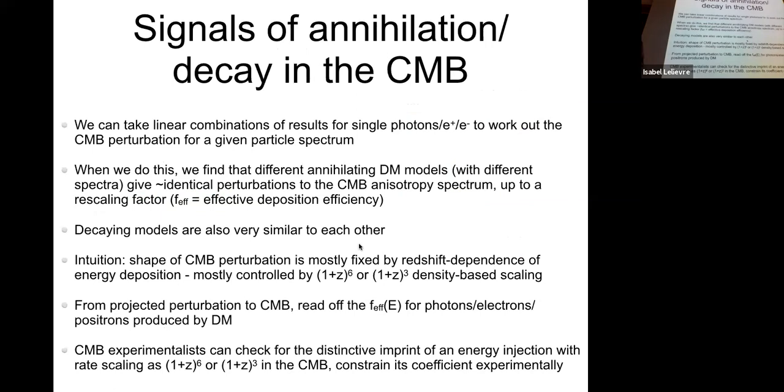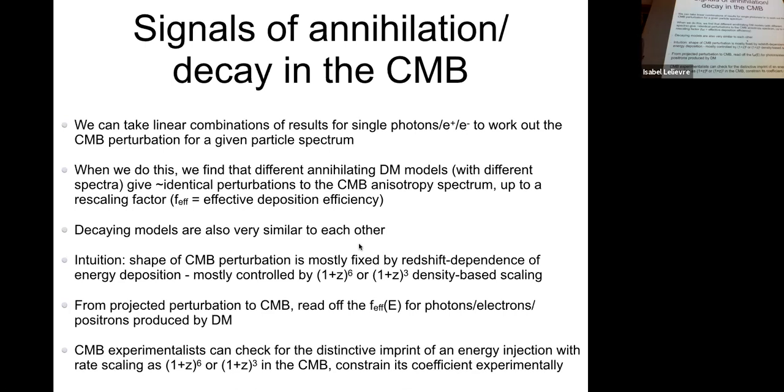Okay, so having done this calculation for totally arbitrary photons or electrons and positrons that are injected into the universe at early times, we can take linear combinations of these results to figure out the impact for a particular dark matter model that produces some spectrum of electrons, positrons, and photons.